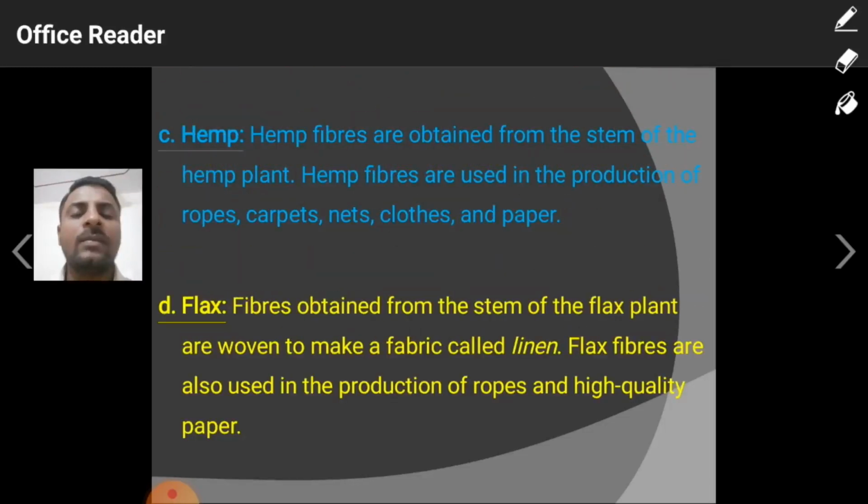Next is flax. Fibers obtained from the stem of the flax plant are woven to make a fabric called linen. Flax fibers are also used in production of ropes and high quality paper.